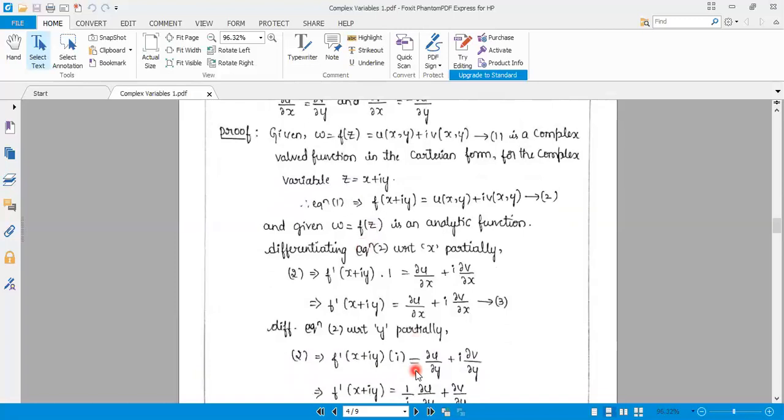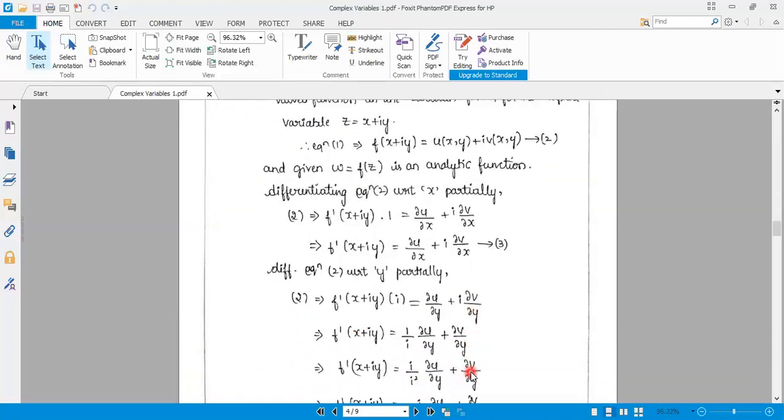So what do you get? f dash of x plus iy into i equals dou u by dou y plus i into dou v by dou y. So we can divide throughout by i, which can be written as f dash of x plus iy equals 1 by i dou u by dou y plus dou v by dou y.